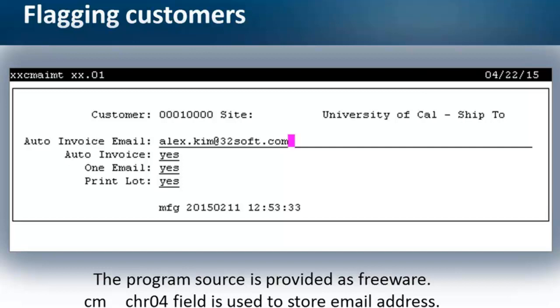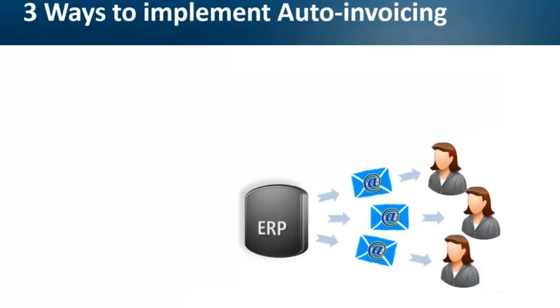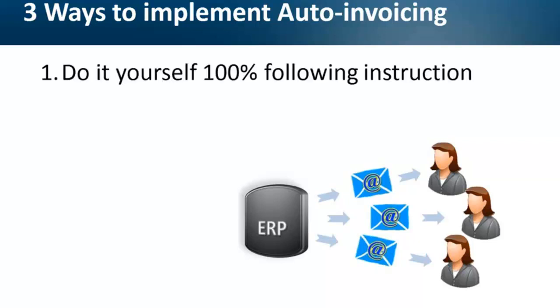Now let's have a look into ways how to implement auto-invoicing. Today we're going to talk about 3 ways, depending on your situation and your budget and availability. So the first option is do it yourself 100%, following the instructions. You don't need to buy any software, hardware, or services with this option.